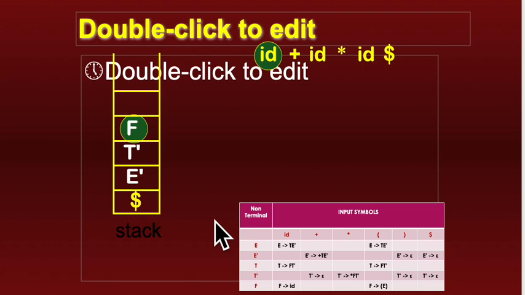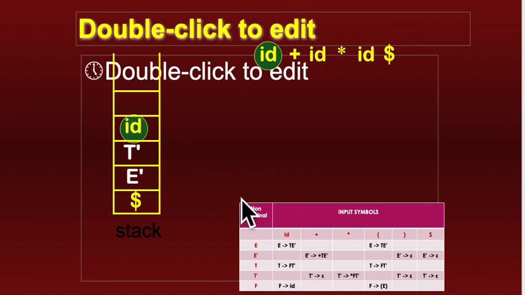So F on id, we have the entry F gives id. Always when you are replacing in a stack, we replace the left hand side symbol by the right hand side. So we refer to the corresponding cell, F on id, and F is replaced with id.